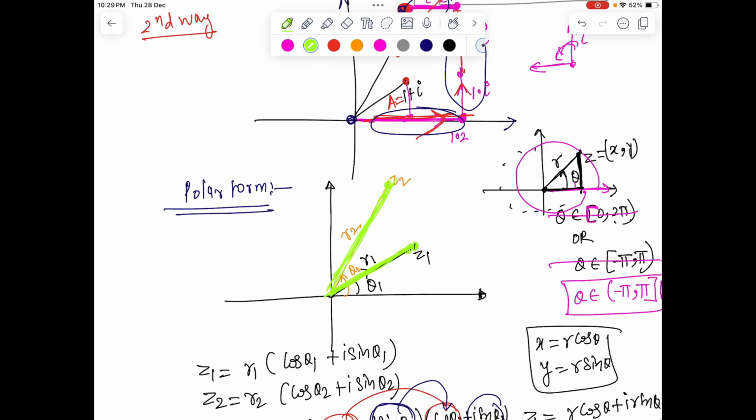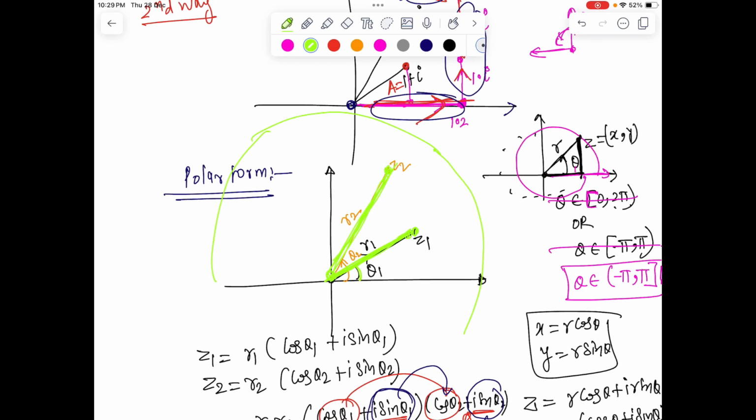Let's say if r1 is 2 and r2 is 3, so it will be at a distance of 6 from origin. Now at a distance of 6 we'll have many answers, right? You can draw a circle with distance 6. But the orientation is also fixed. Not only will the complex number z1 z2 be at a distance of 6, but it will also have angle theta 1 plus theta 2.